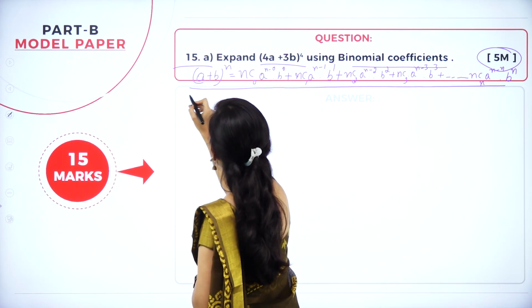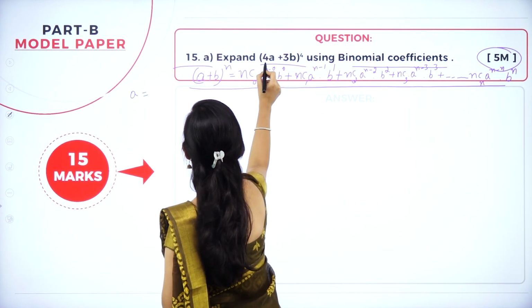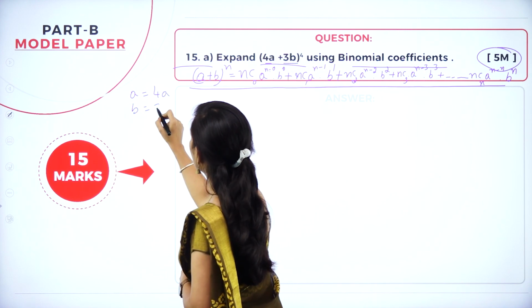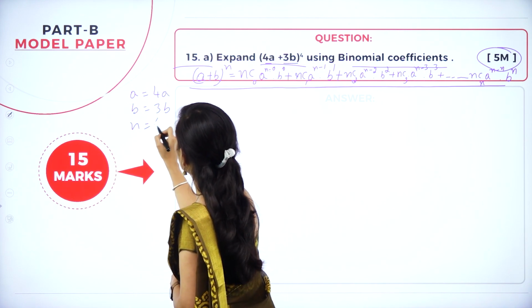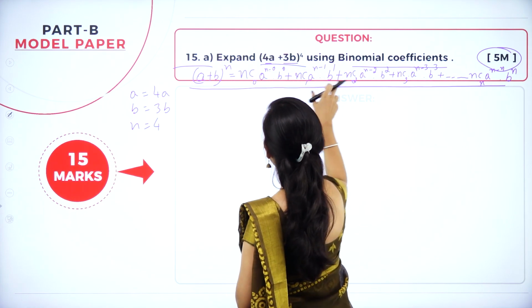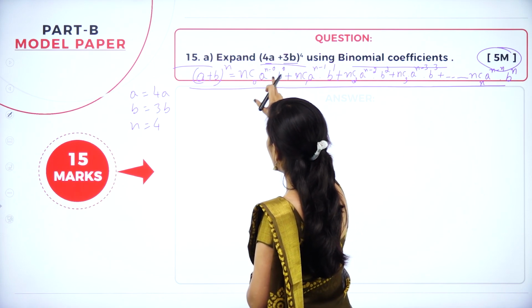Now, what is the value of a? a is equal to 4a, b is equal to 3b and n is equal to 4. Clear? Now I'll substitute the values of n, a and b.